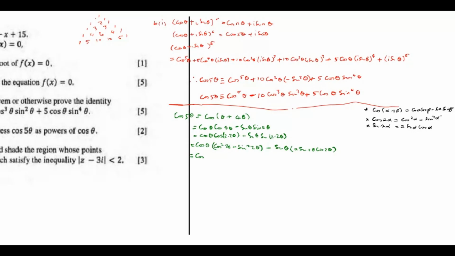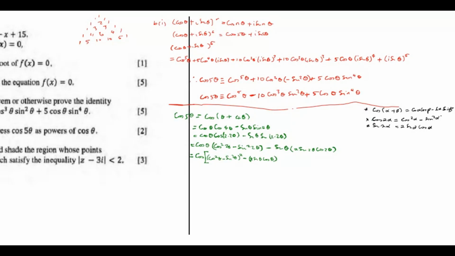Where there is cos 2 alpha, we are going to put it as cos squared theta minus sine squared theta, but it's being squared, minus, where there is sine 2 alpha, we are going to put 2 sine theta cos theta. It's being squared, we square that, we close.